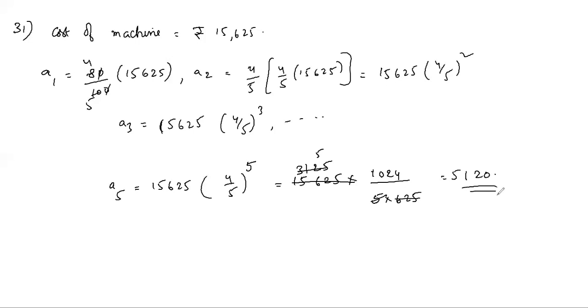So this is the value of the machine at the end of 5 years. So you have to decrease the 20% from each cost. So original cost is 80%. So 80% you have to decrease each time.